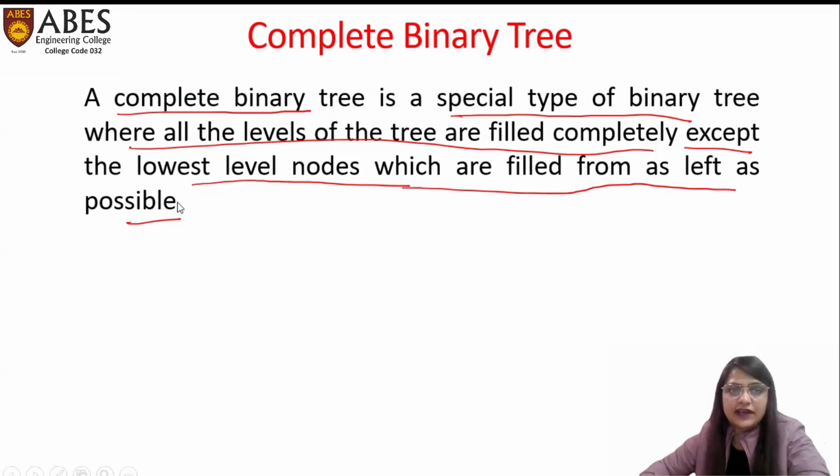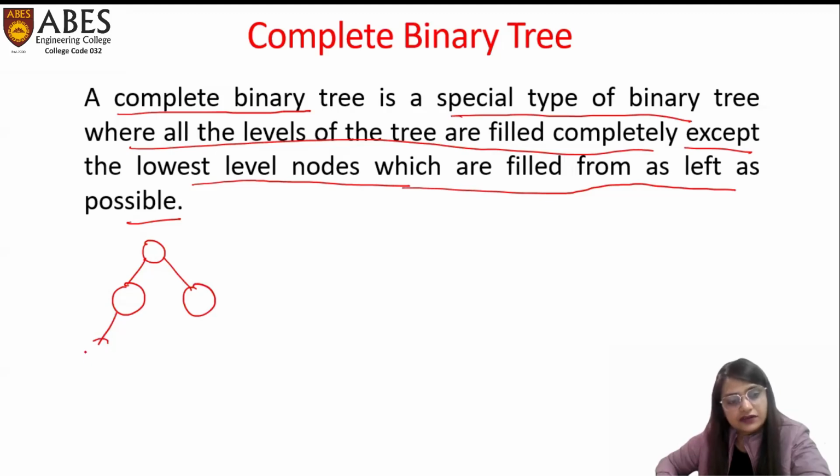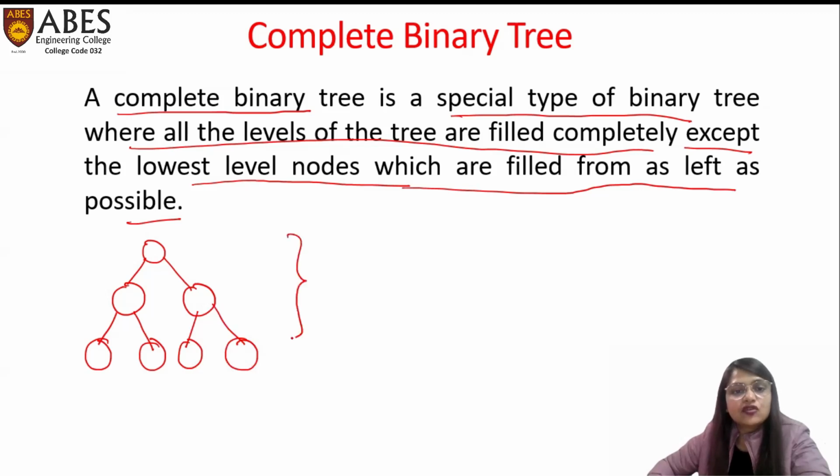What do we mean by this definition? Let us consider an example, then we will be able to understand this concept. This example is denoting a full binary tree. If I want to make it a complete binary tree, there is no restriction that every node has either 0 or 2 children.